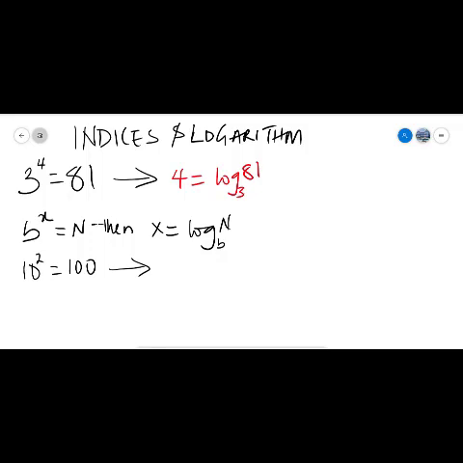Okay, check whether you're right. It would give us that 2 is equal to log 100 base 10. So that's the relationship between indices and logarithm.